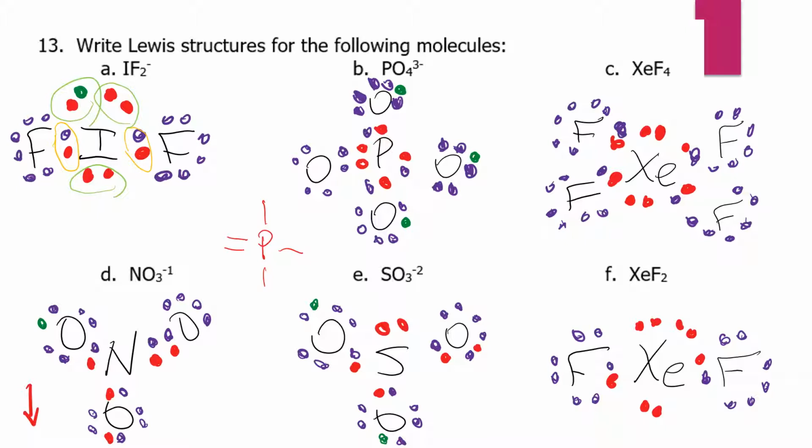So that's bonds in 2 directions. Let's change to red so it's more obvious. It's got bonds in 2 directions, and it's got 3 extra pairs of electrons, and that's going to help us figure out its shape.